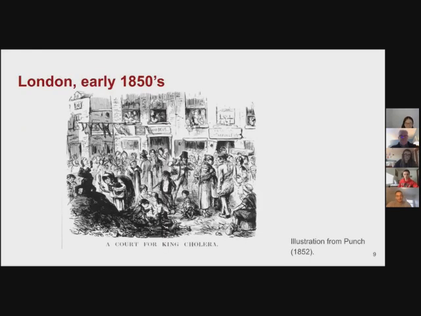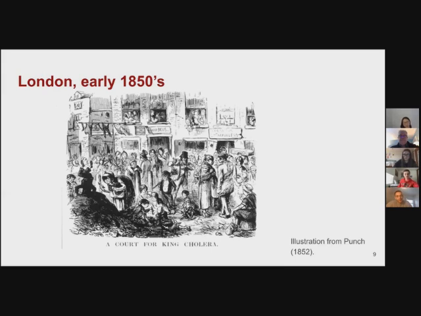And we're going to use an example from the early 1850s in London, okay? And this is an illustration from a book in 1852. Maybe some of you have seen this or maybe not, but this is a court for King Cholera, okay? It was a disease back then that people didn't quite understand, and it was causing a lot of trouble.